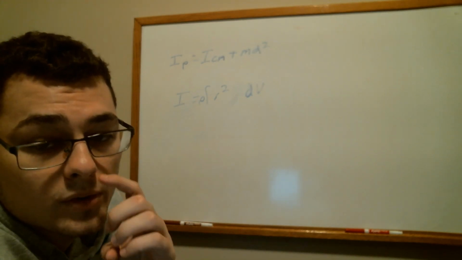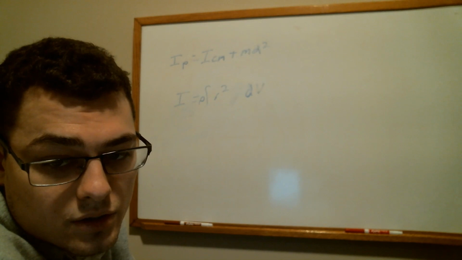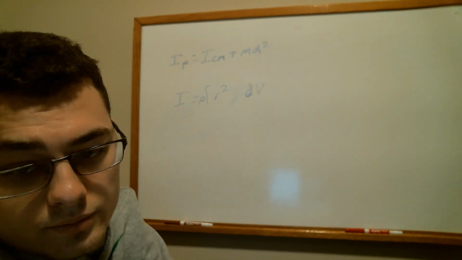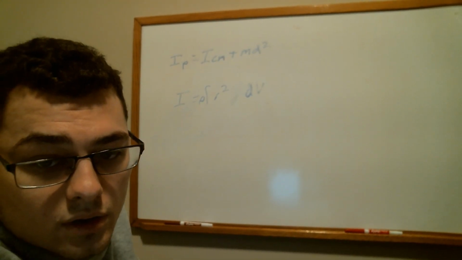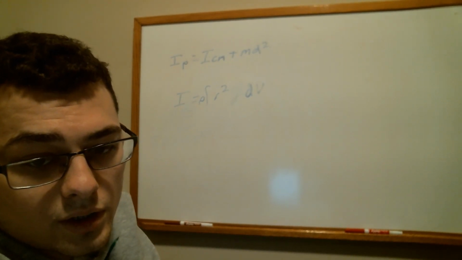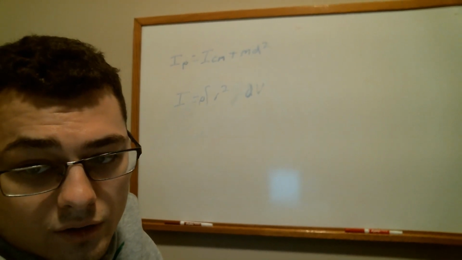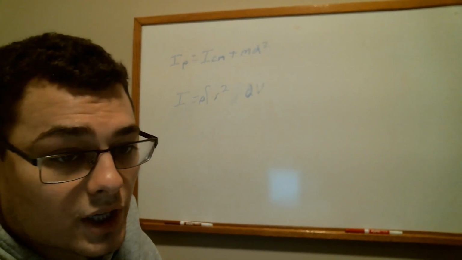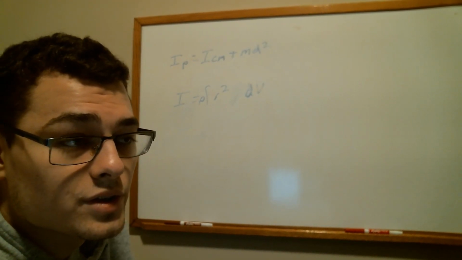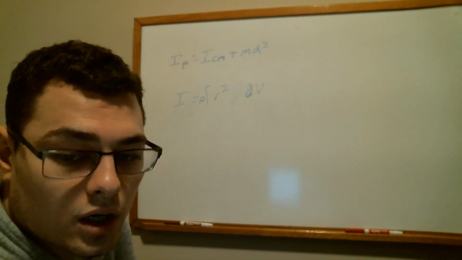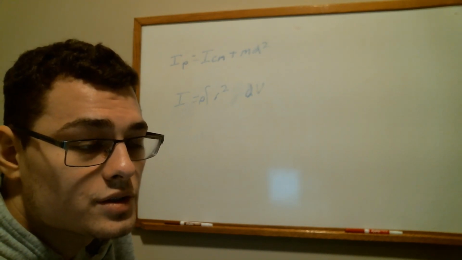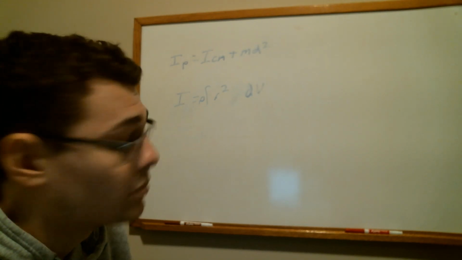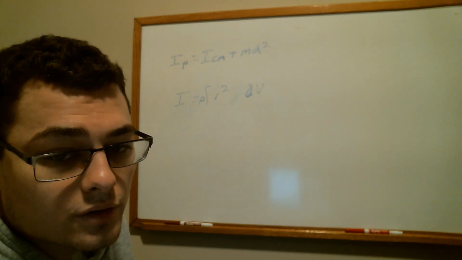And remember that dV is going to be equal to dx dy dz. You should be able to integrate this pretty easily for regularly shaped bodies. For cylinders, spheres, and cubes, you just have to use the conditions of the geometry to determine the moment of inertia of your object.